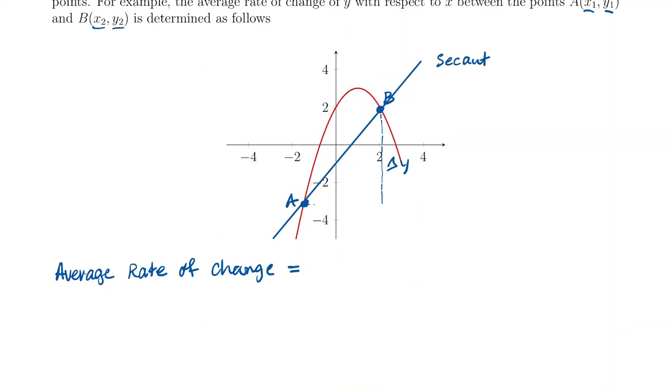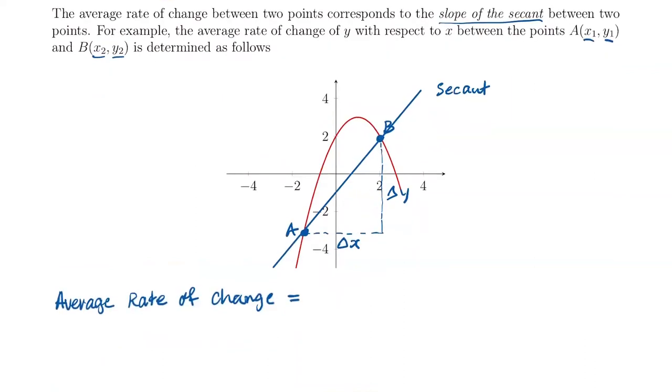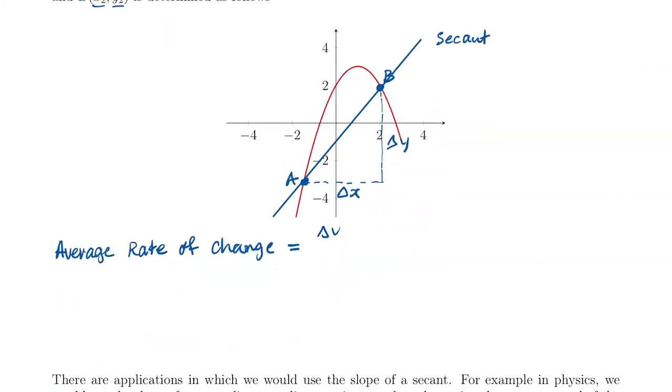Then we also have to look at the change in x, what happens between the x values as well. That's your delta x, which is exactly what we looked at with the slope formula above. So it is simply delta y over delta x, which is taking the difference between the two y coordinates and the difference between the two x coordinates, x2 minus x1. That is a change in y, and it's also a change in x.